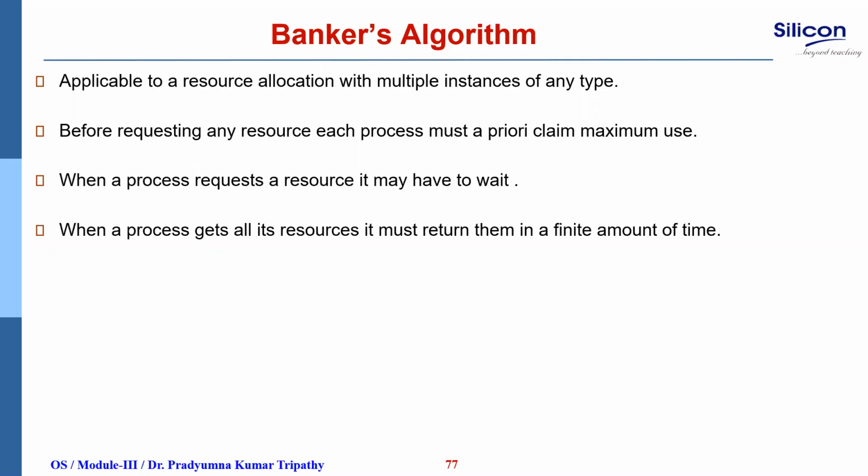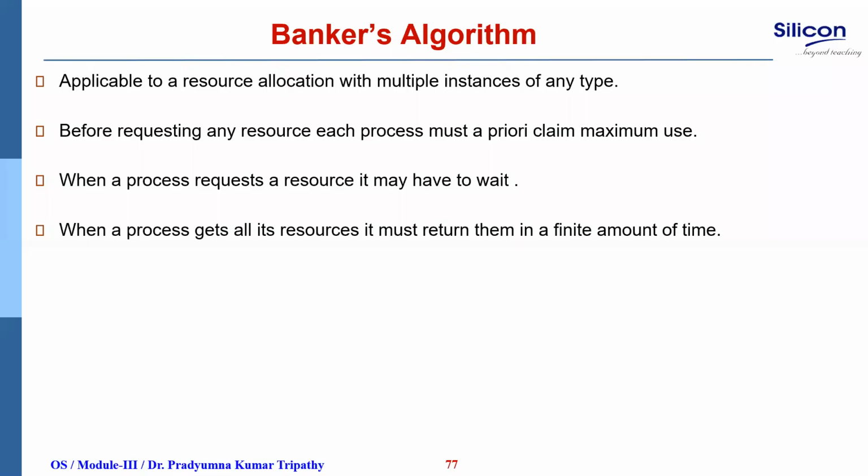When a process requests a resource, it may have to wait. Suppose a process makes a request, it has to wait until it is allocated, so it is not immediately allocated. An algorithm will be run and then the resource will be allocated to the process. And when a process gets all its resources, it must return them in a finite amount of time.